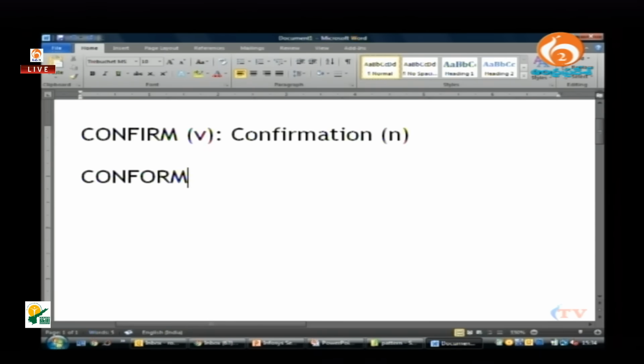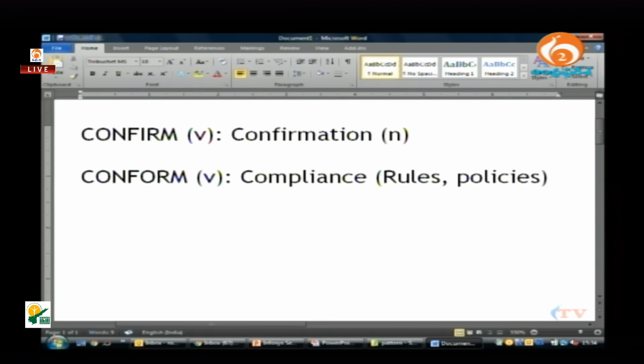What do you mean by conform? This is also a verb, but it has got something to do with compliance. Compliance means rules, policies.